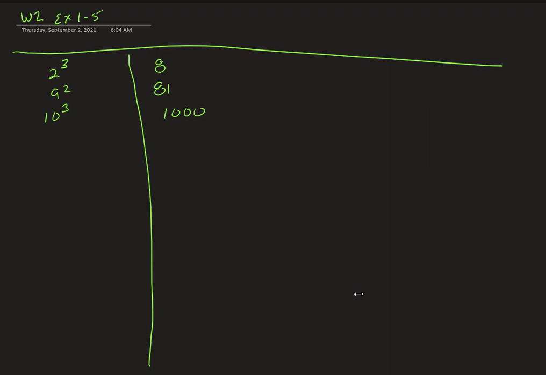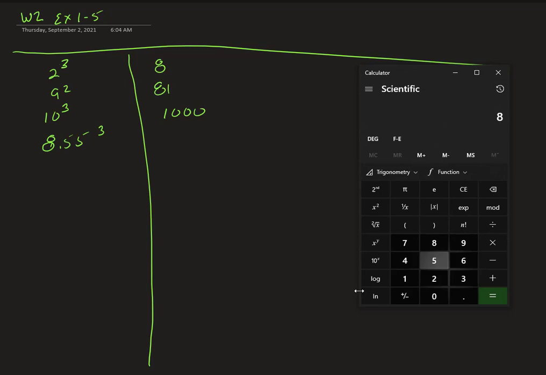Let's try something with a decimal point. Let's go with 8.55 to the third. Now we know that we're going to round, we get this huge number.